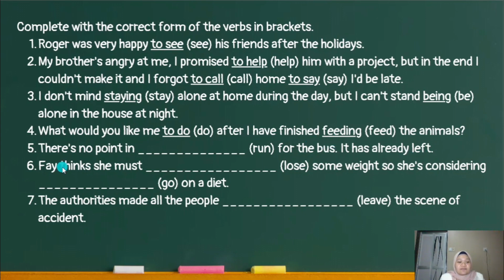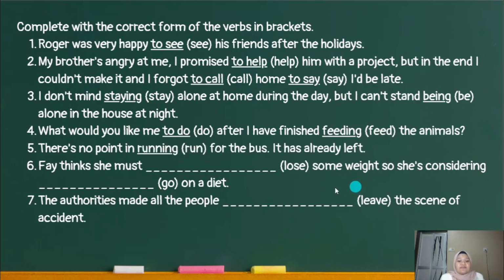So number 5, there is no point in (run) for the bus. It has already left. Right? So the answer is, there is no point in running for the bus. It has already left.